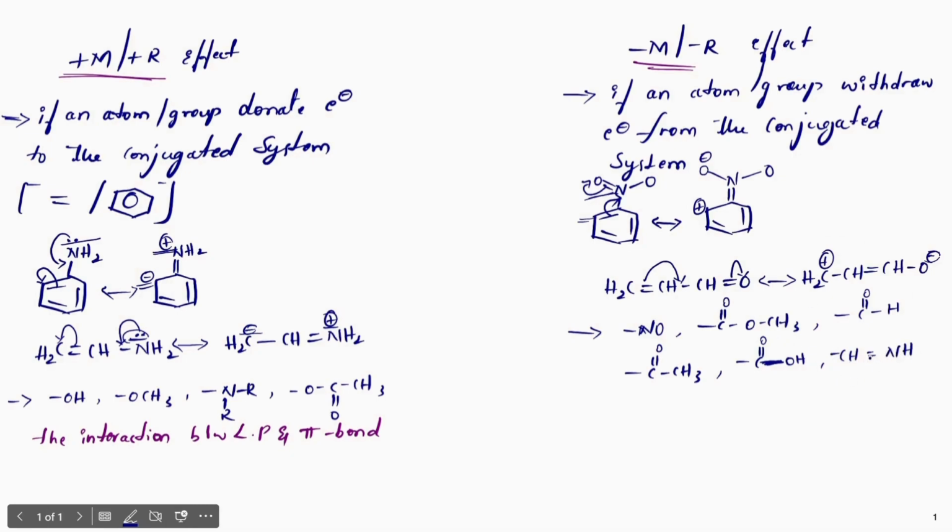These are all the examples for negative mesomeric effect. In negative mesomeric effect, the interaction between pi bond and pi bond is taking place. In positive mesomeric effect, the interaction between the lone pair and pi bond can be seen. In negative mesomeric effect, the interaction between two pi bonds can be seen.